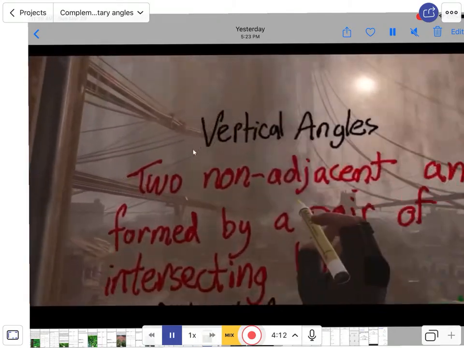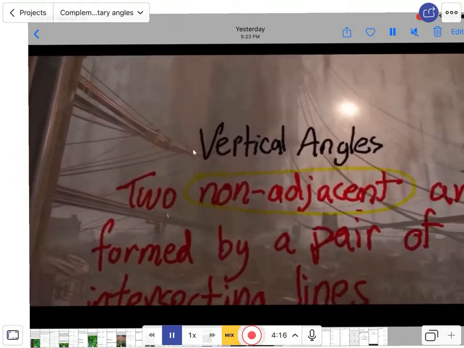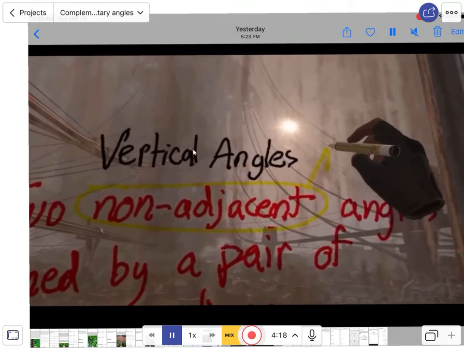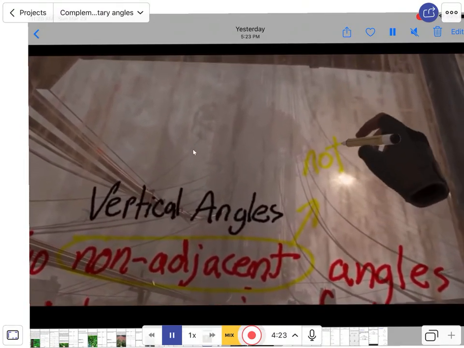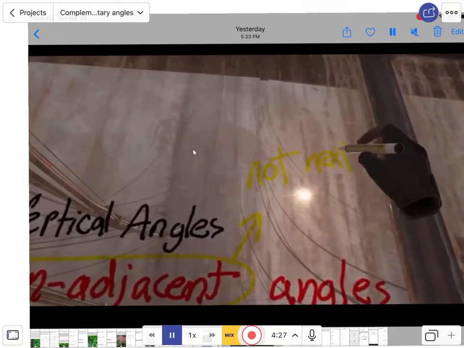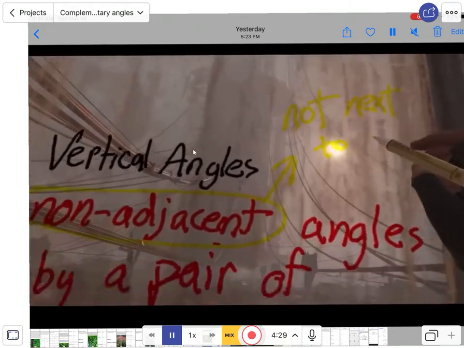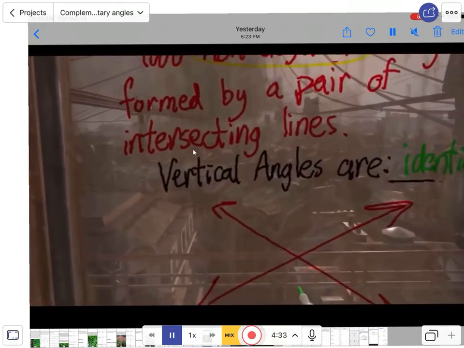Non-adjacent means they are not next to each other. Things that are adjacent are right next to each other. Non-adjacent are not next to each other.